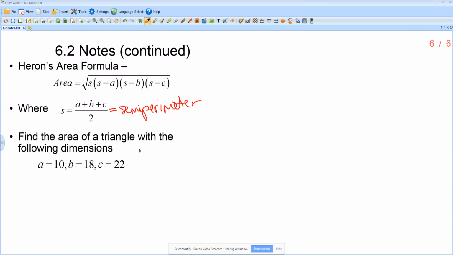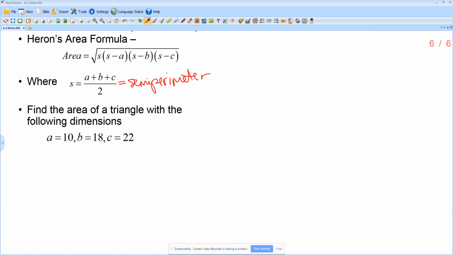So find the area of a triangle with the following dimensions. This example I will do here. I know that A equals 10, B equals 18, C equals 22. The first thing I need to do is find the semi-perimeter. 10 plus 18 plus 22 over 2. 18 plus 22 is 40, 50 over 2 is 25. So area is equal to, and usually we use a capital A, so I'll go back and fix that because I already have lowercase a meaning something else.